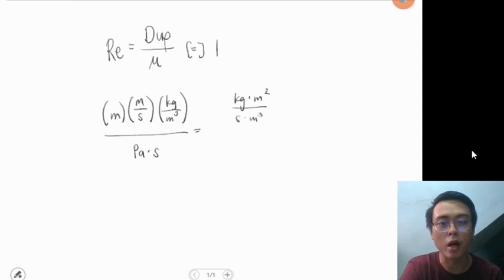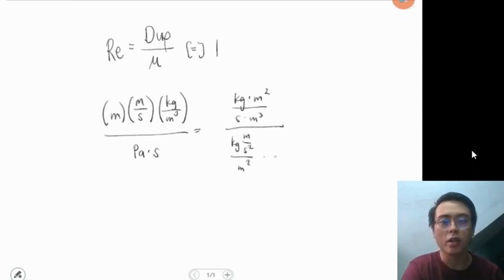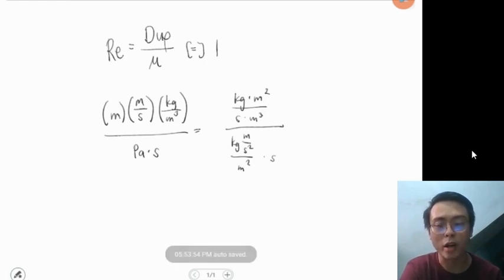That is our simplified version of the numerator. In the denominator, Pascal would be decomposed as kilogram meter per second squared per square meter, times second. So all of these units are now fundamental units.